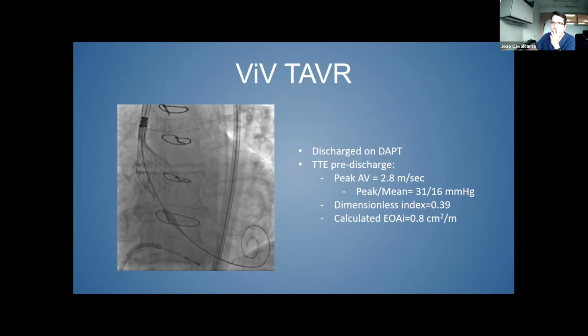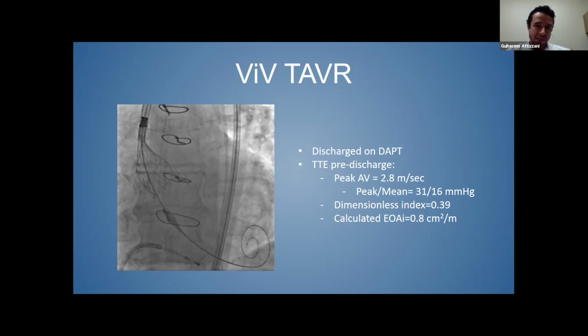One comment here. For the Trifecta that is in place, I assume you performed the calculation of whether or not there was patient prosthesis mismatch. When I go on a valve-in-valve case, I always go with a certain expectation.